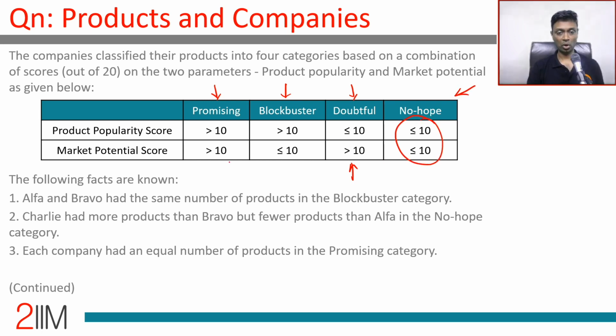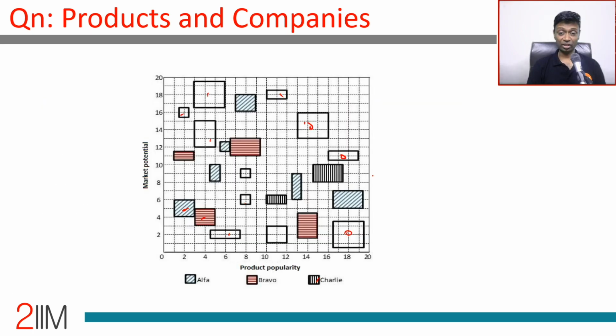Right, wonderful. These two quadrants are going to be easy: promising and no hope. And 10 is the midpoint. So effectively we're being told that at 10, if you draw a line like this, and at 10, if you draw a line like this, we're breaking this up into 4 quadrants. This is promising. This is no hope.